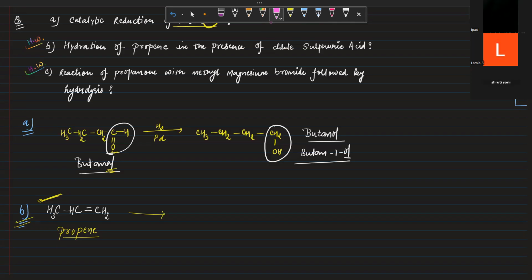The sulfuric acid is regenerated, I think. I'm forgetting how. I think the sulfuric acid attaches itself to the double bond, right? The sulfuric acid is H2SO4.